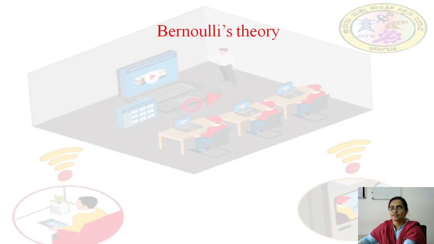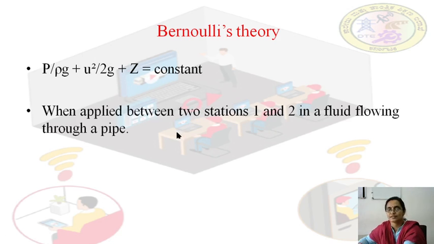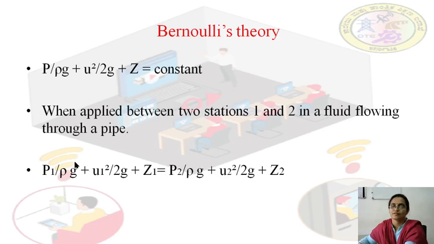So, Bernoulli's theorem states that pressure energy plus kinetic energy plus datum energy is equal to a constant. When applied between two stations 1 and 2 in a fluid flowing through a pipe, one station is taken as 1, the second one as 2.